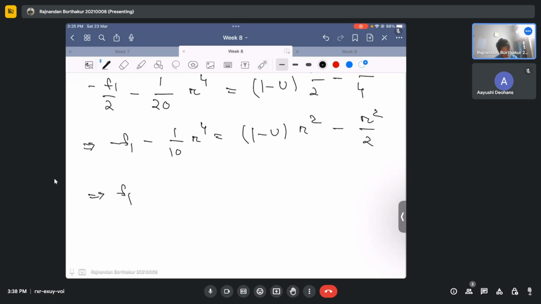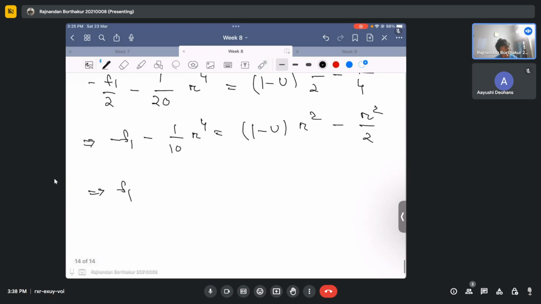So this means your f1 basically comes out to be what? Let's do one more step. Let's multiply the whole equation by minus 1, which means I have something like this. f1 to be equal to r squared plus r squared by 2 minus, this will be plus, so this will be minus r power 4 by 10.